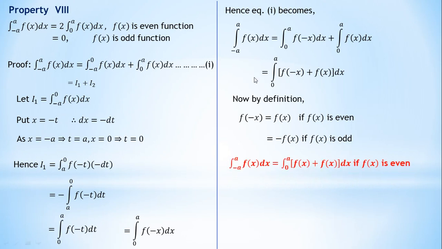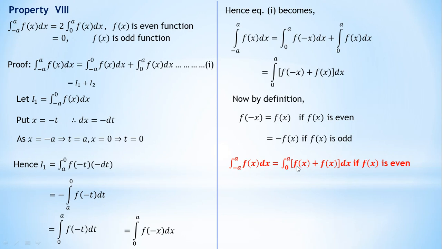So see the integration now, minus a to a f of x dx is equal to 0 to a. Now see here, 0 to a, f of minus x is f of x, because we have considered that f of x is even function. If you consider f of x as even function, then f of minus x can be written as f of x.